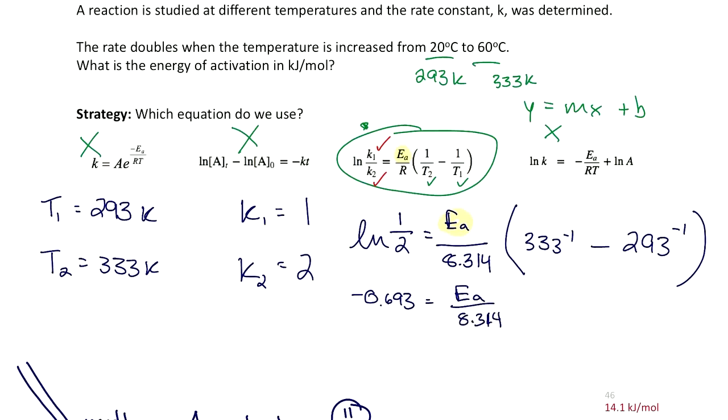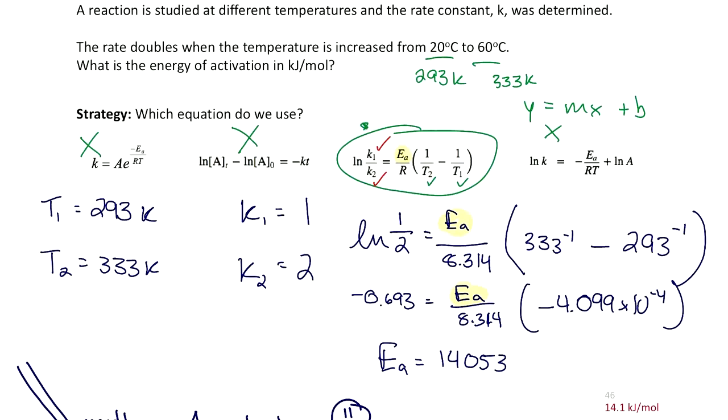If I do the inverse temperatures and subtract, I get -4.099 times 10 to the -4. If I divide both sides by this parenthesis, multiply by R, we get that activation energy equals 14053. You solve, isolate activation energy.